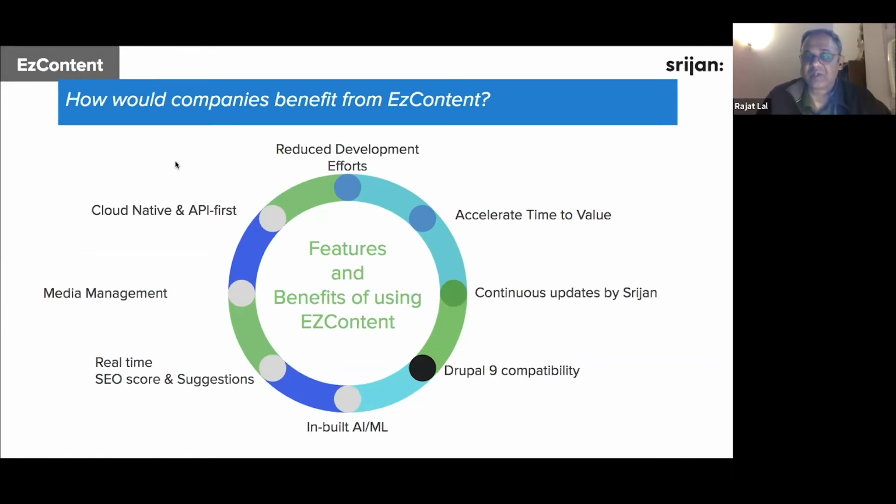That is the service provided by SRIJAN Technologies, which has built this product. It is Drupal 9 compatible. There is an inbuilt artificial intelligence and machine learning engine in it, able to provide real-time SEO scores and suggestions, media management, and it is a cloud-native API-first platform.